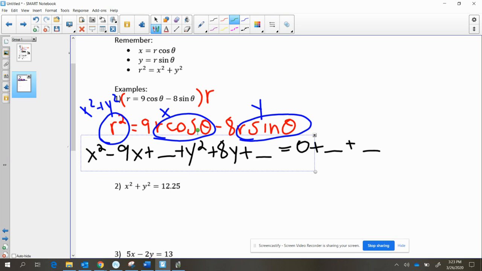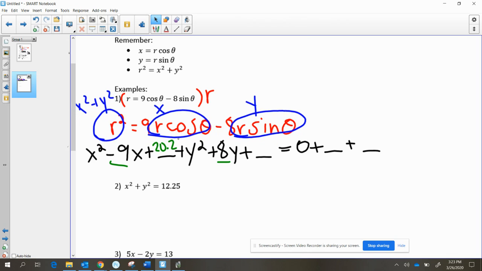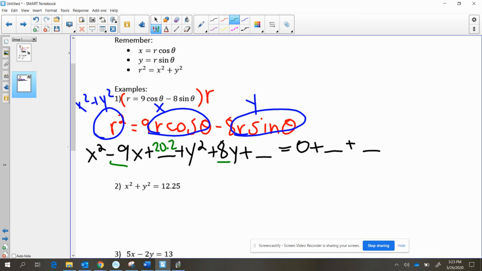Now a reminder, when completing the square, you're going to take your b values, divide them by 2, and square them. So negative 9 divided by 2 is negative 4.5. Squared, it's going to be 20.25. And then 8 divided by 2 is 4. 4 squared is 16.